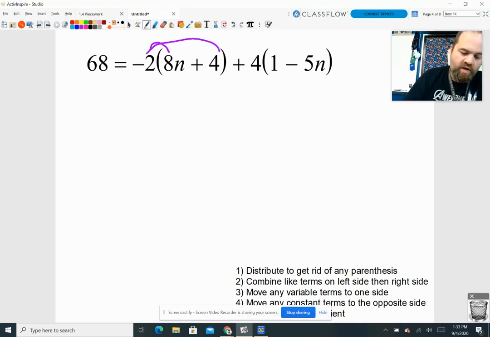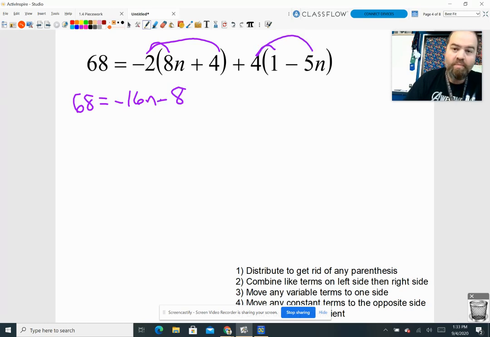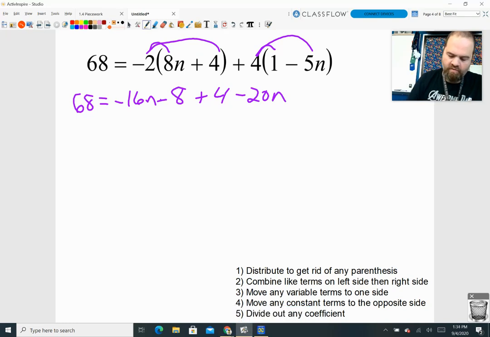So when I distribute negative 2, that negative 2, the 68 is going to stay put. That's negative 16n minus 8. Then I'm going to distribute my 4 into my second set of parentheses. 4 minus 20n.